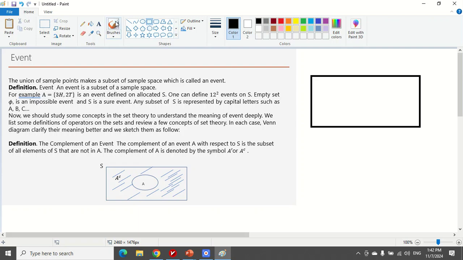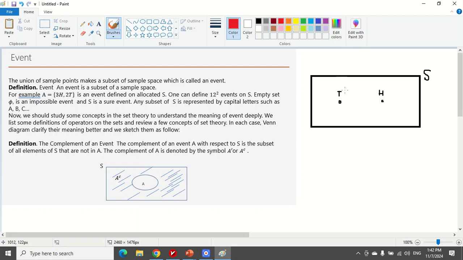I denote it by a rectangle and put a name for it, S. This S is a universal set, the biggest set that contains all possible outcomes. For instance, when we toss a coin, we have a tail and head. A single coin is tossed and 2 possible outcomes can be considered, the head and the tail, and these points are called the sample points.